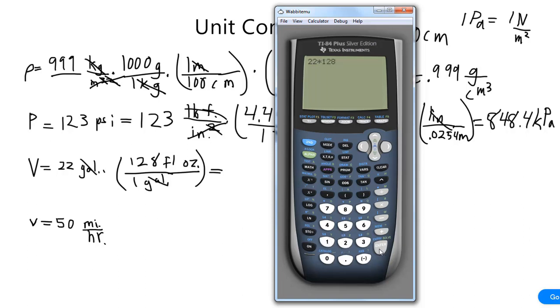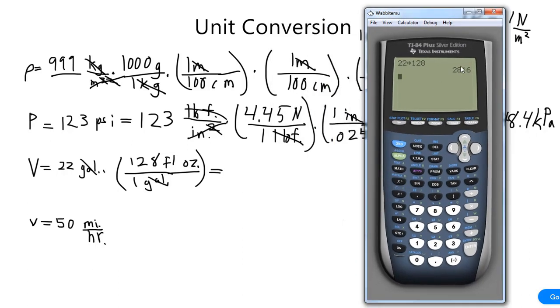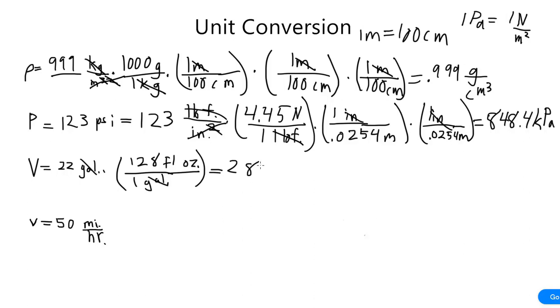I don't know why I'm off my game for saying stuff today, but yeah. So in the end, we get basically 2,816 fluid ounces. So that's our answer. So now onto this one.